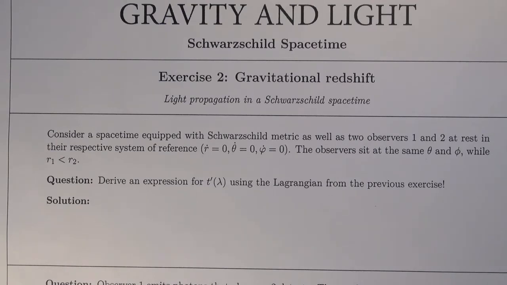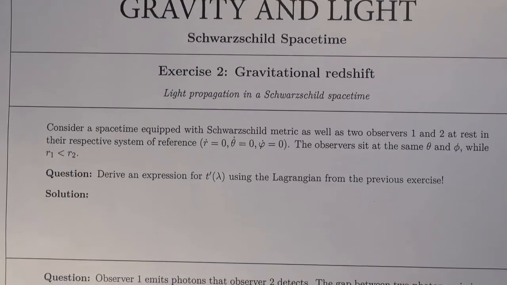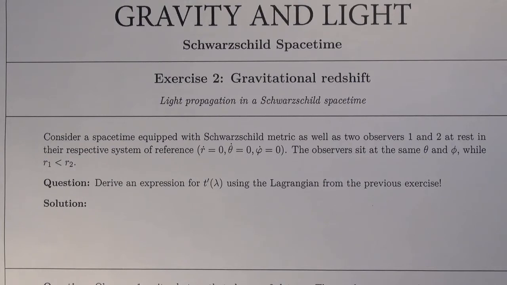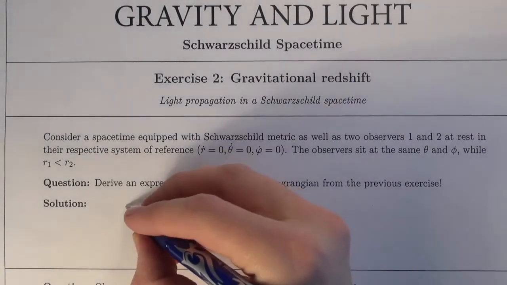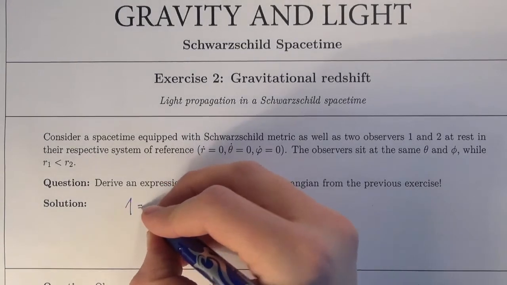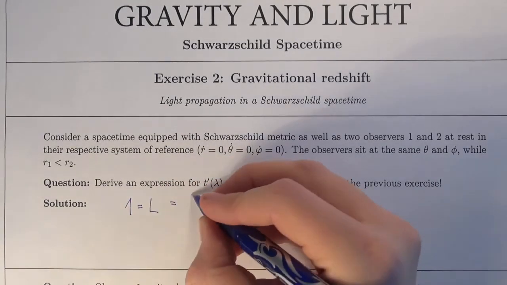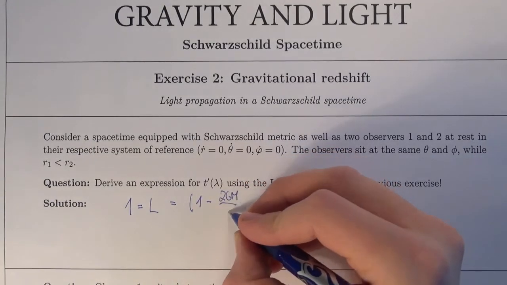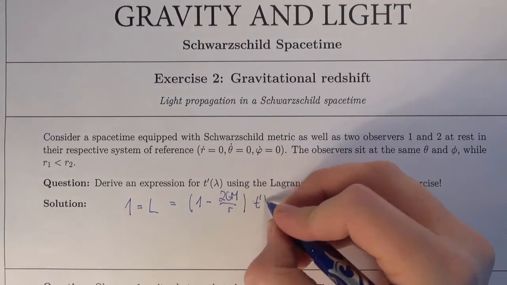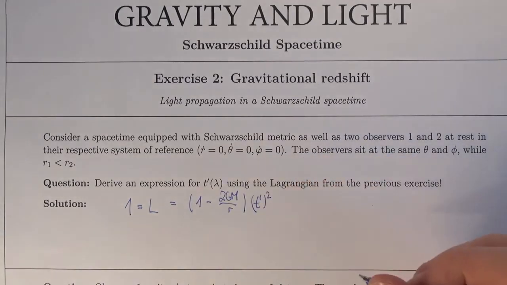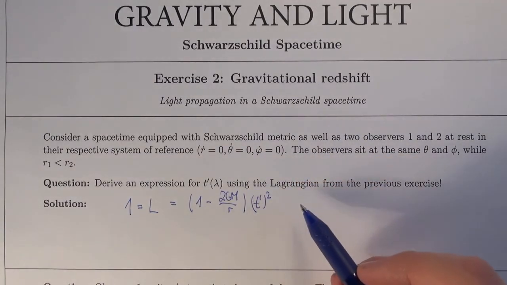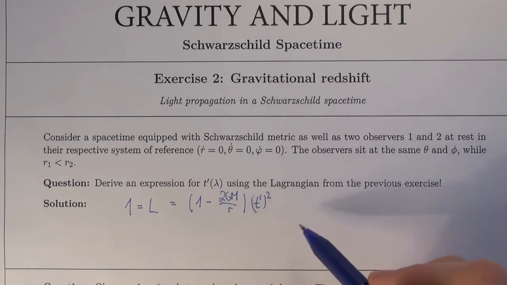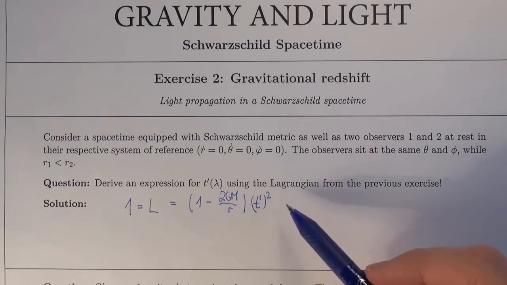So we want to derive first an expression for t prime using the Lagrangian from the previous exercise. So we remember we have that the Lagrangian is equal to 1, and the first contribution was 1 minus 2gm divided by r times t prime squared. Now there would be more terms having r prime, theta prime and phi prime.